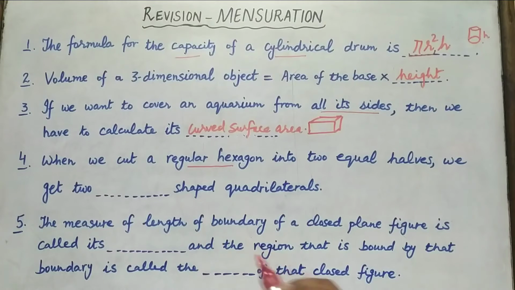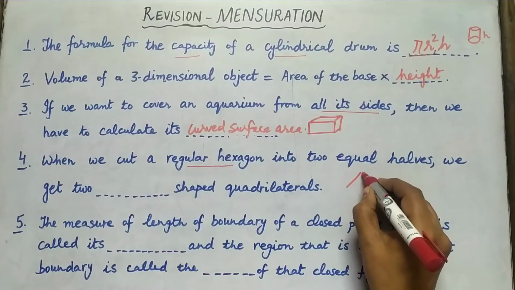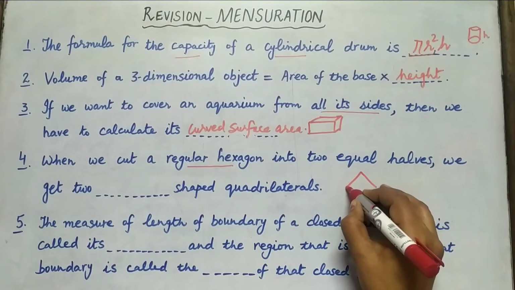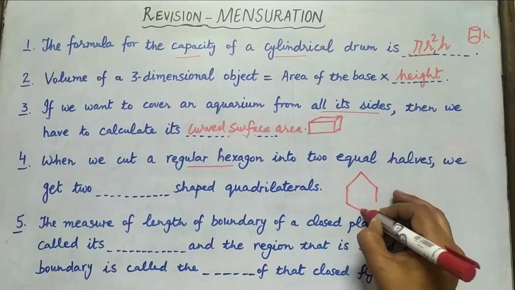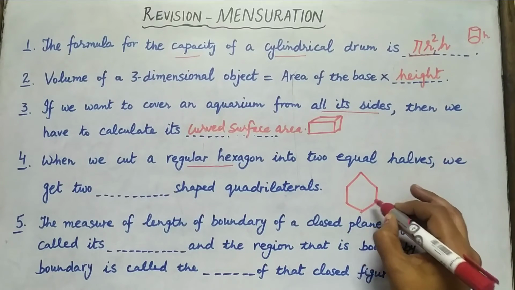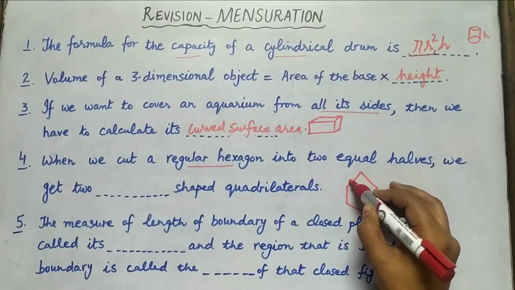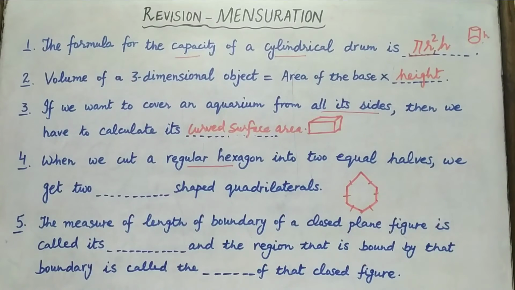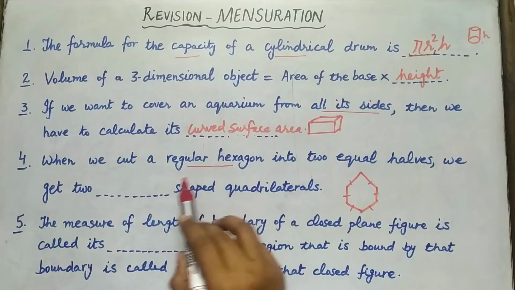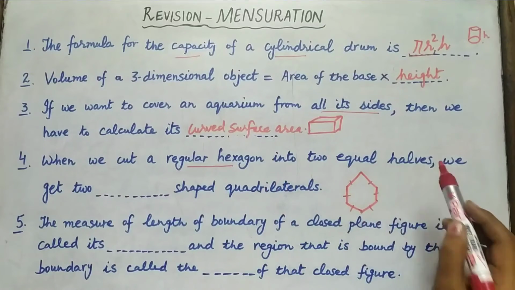Let us draw its shape. Regular means all sides of equal length. Hexa means 6, so it is a 6-sided figure. All the sides are of equal measure. Here, the regular hexagon is to be cut into two equal halves.